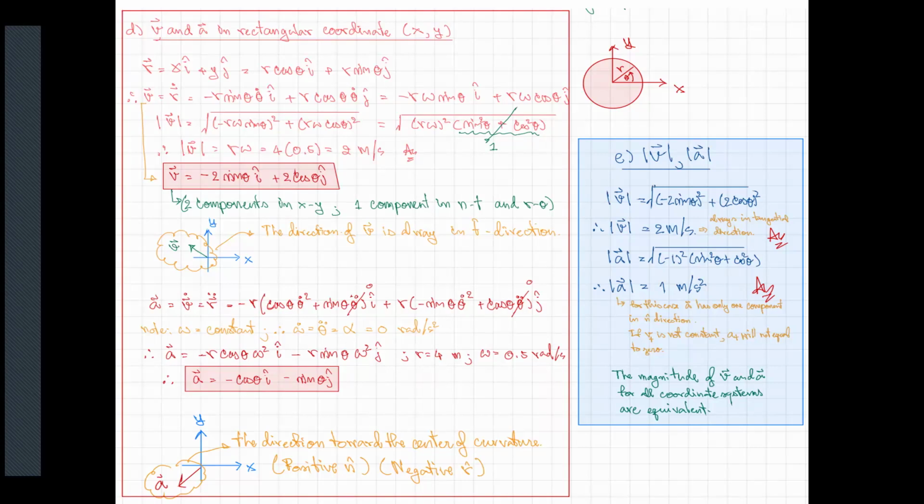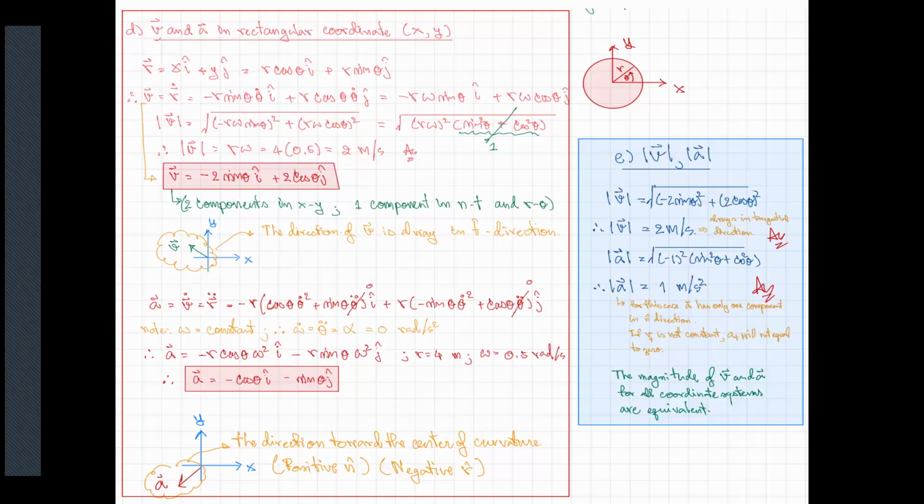You will see that we can do it, but the formula is maybe not convenient, right? It's stuck in the i and j directions, and we obtain the velocity vector V equal to minus 2 sine theta i plus 2 cosine theta j. You can determine the direction of this vector also: it is the same as the tangential direction and also the theta direction.